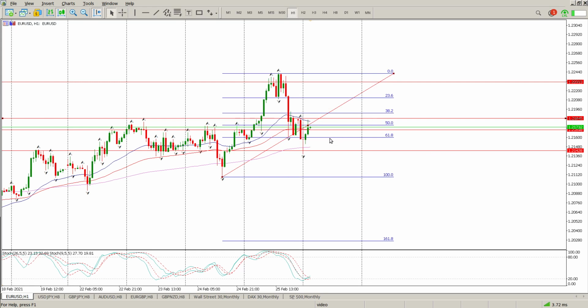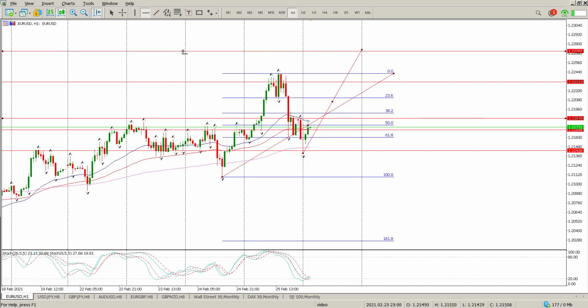You'll see we're bouncing around at the 61.8 at the moment. So if we do clear the highs of yesterday, then this whole move is our measured move to the upside. So what we're looking for is something like that to the upside.